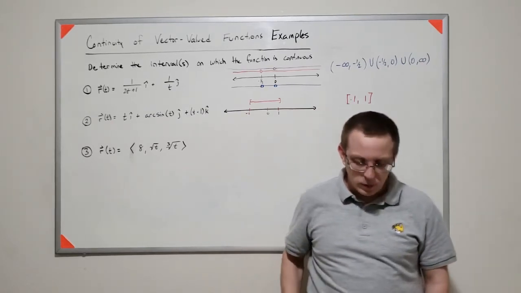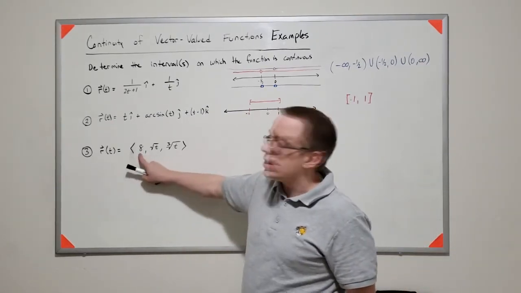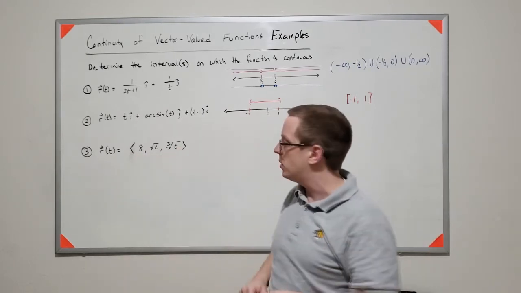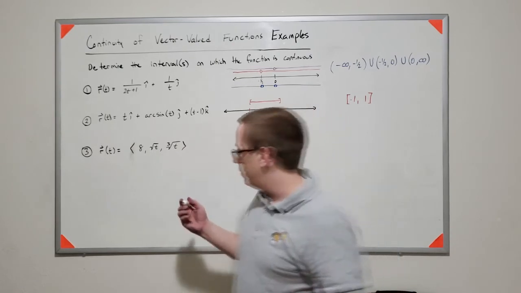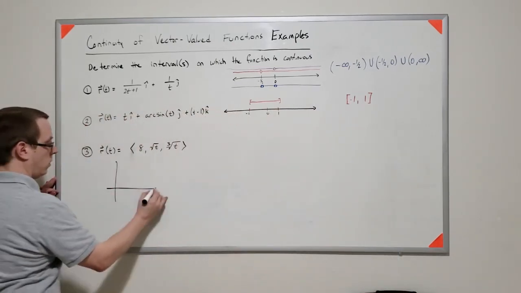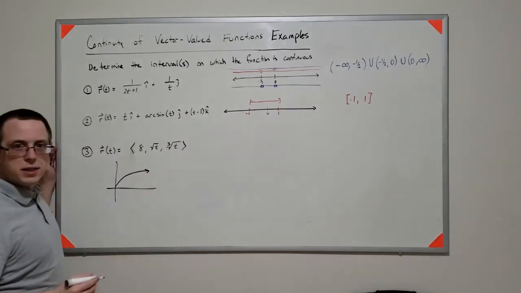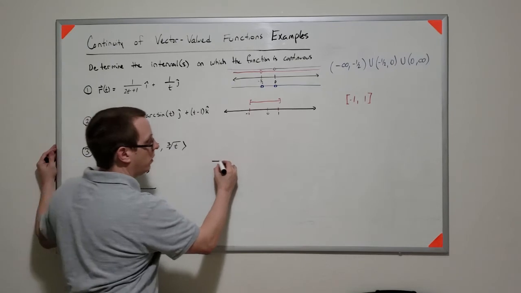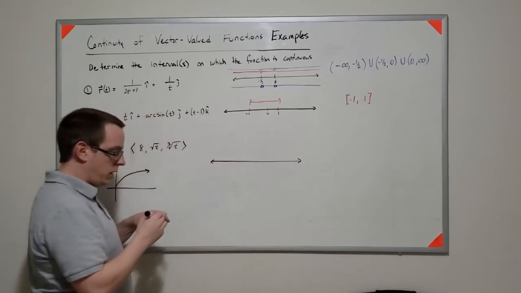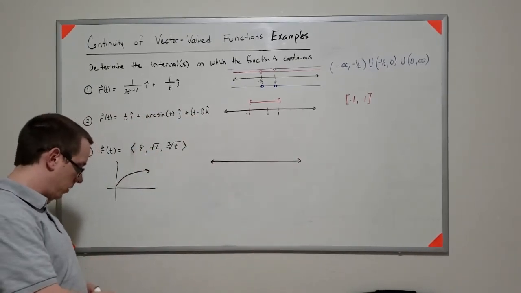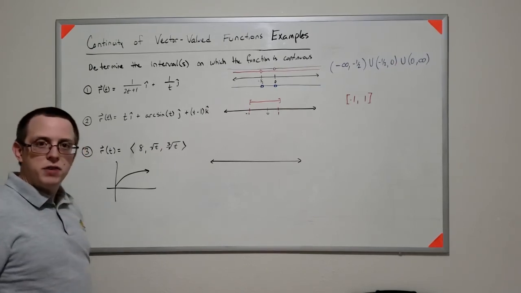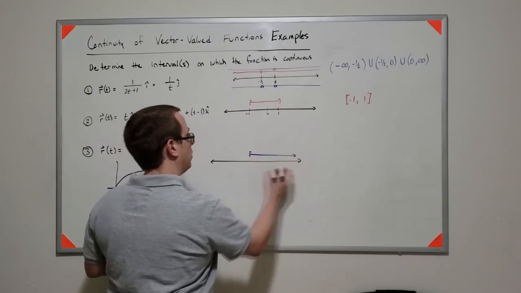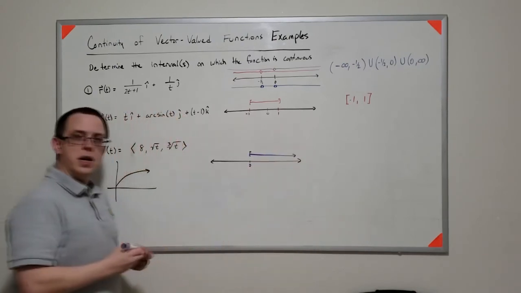Now finally, we have this. This is a constant function, so it's continuous everywhere. It's just a flat line, continuous. Square root of t. Well, that's that function, and it's continuous along the positive x-axis, or the positive t-axis, but it's not continuous anywhere else.